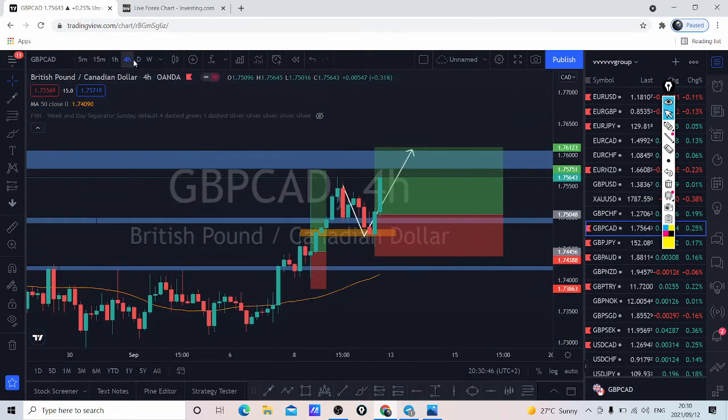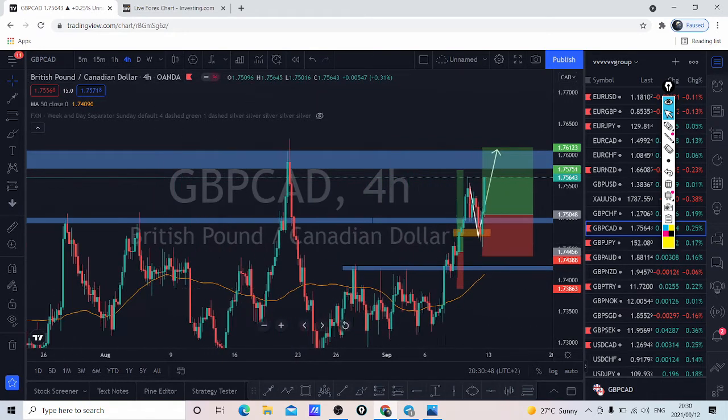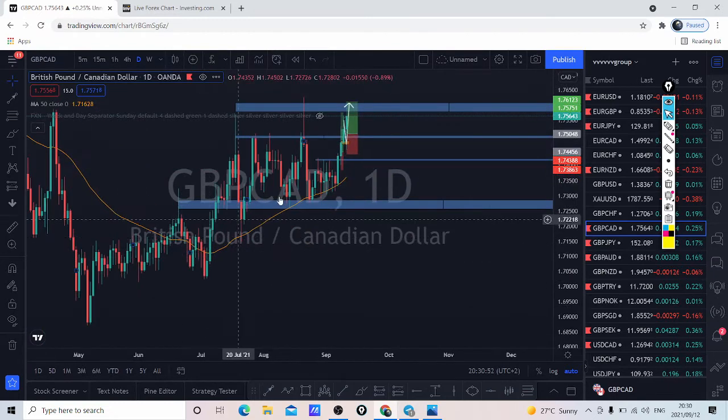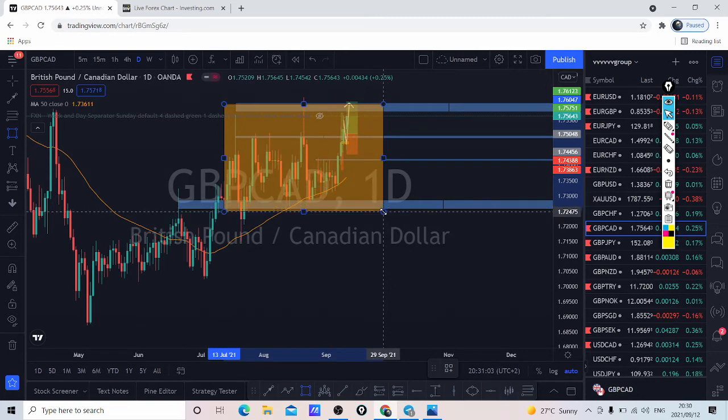So here, let's look at what was happening on the daily. The daily was a little bit buying, as you can see. The moving average was below, the price was above, and then I saw choppiness above that moving average.